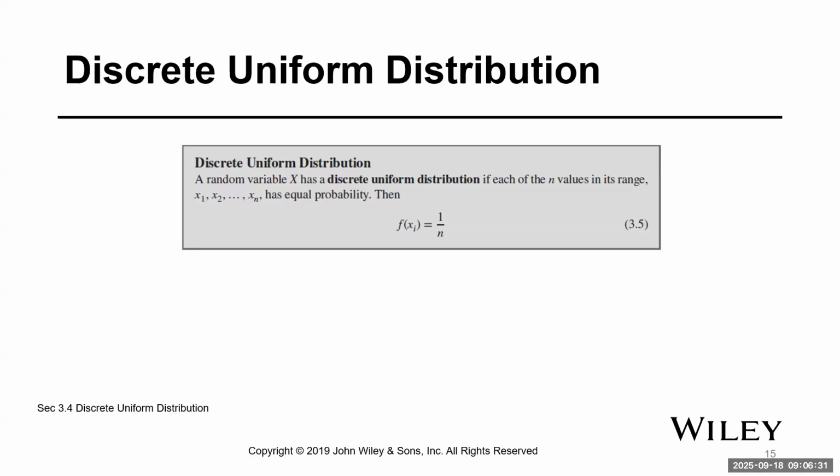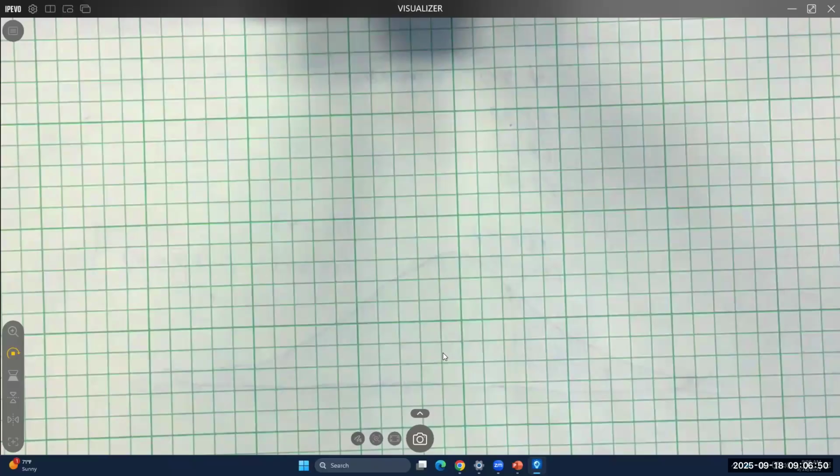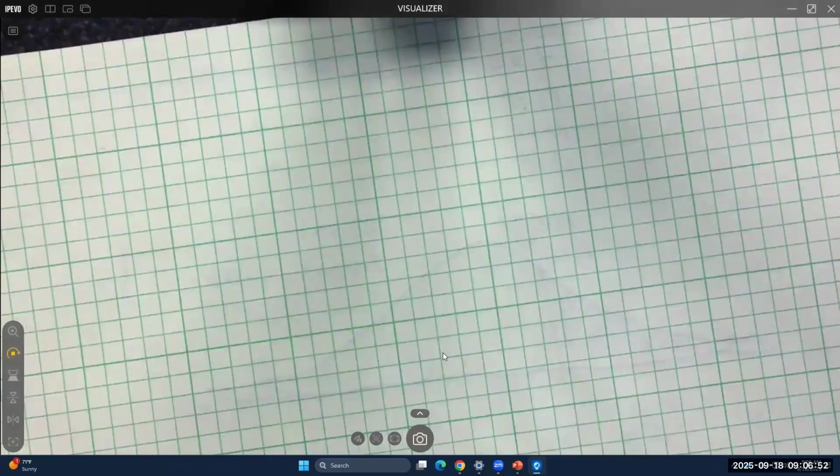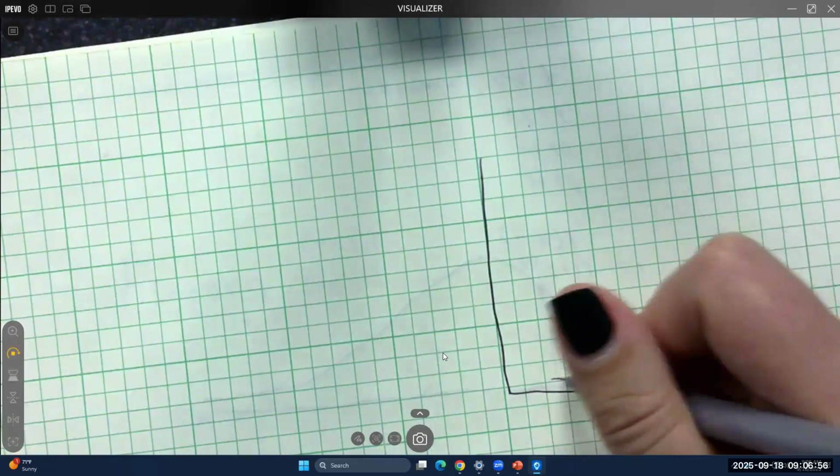But if we're looking at more than 2 and they all have an equal probability, then we have a discrete uniform distribution. And the shape of that is not bell-shaped.